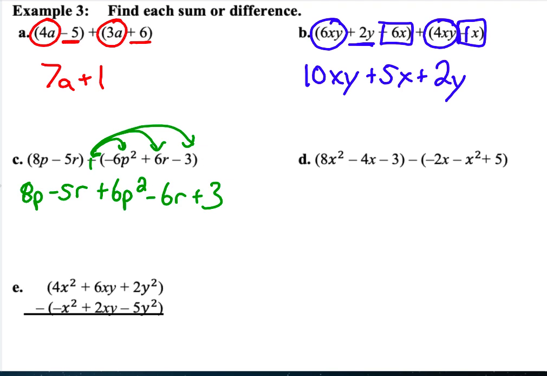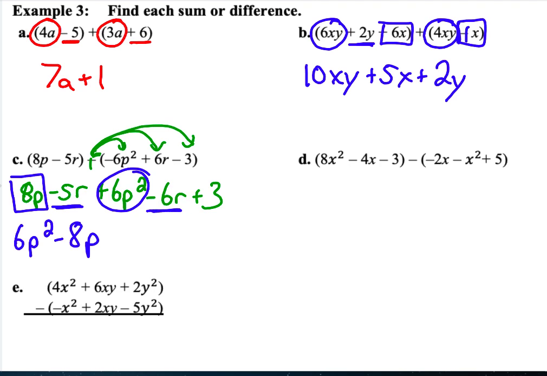Now we look to see if we can combine some like terms. Well, I have only one that's p squared, so 6p squared. Only one that's just regular p, so 8p. But then I have a negative 5r and a negative 6r. That's a negative 11r. And then my plus 3.